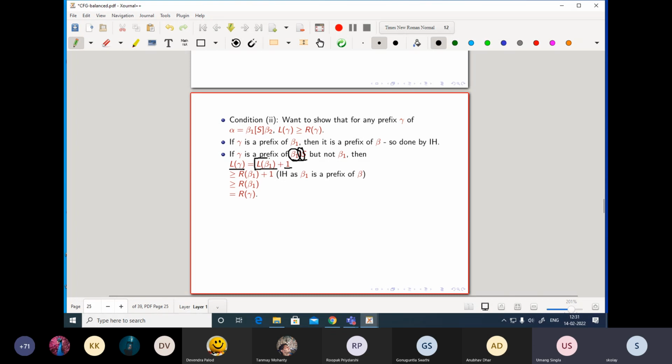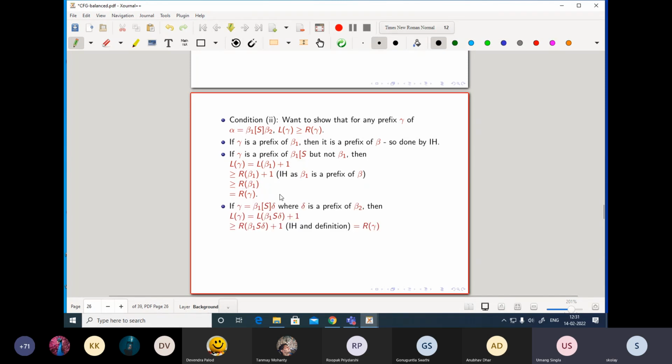So I can say that L of beta 1 plus 1 is greater than or equal to R of beta 1 plus 1, just applying induction hypothesis on beta and noticing that beta 1 is a prefix of beta. Now R of beta 1 plus 1 is obviously greater than or equal to R of beta 1. And notice that the number of right brackets in beta 1 is the same as the number of right brackets in any prefix of beta 1 left bracket S. So R of beta 1 can be written as R of gamma in this particular case when gamma is a prefix of beta 1 left bracket S. So therefore condition 2 still holds for any such gamma.